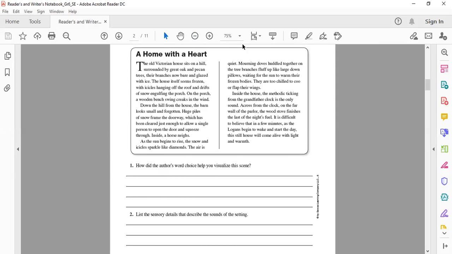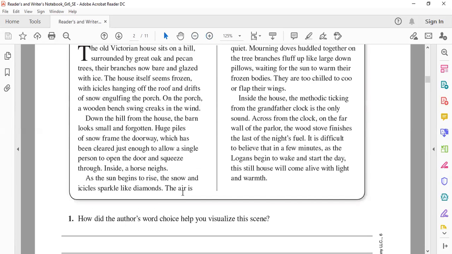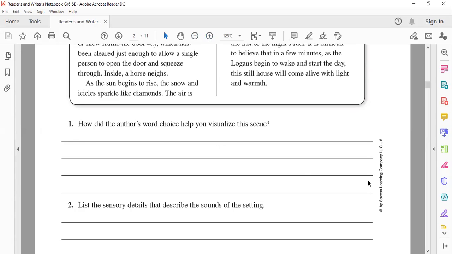Now, I want you to go for the first question, Watin, and read it for me and try to answer it. How did the author's word choice help you visualize this scene?